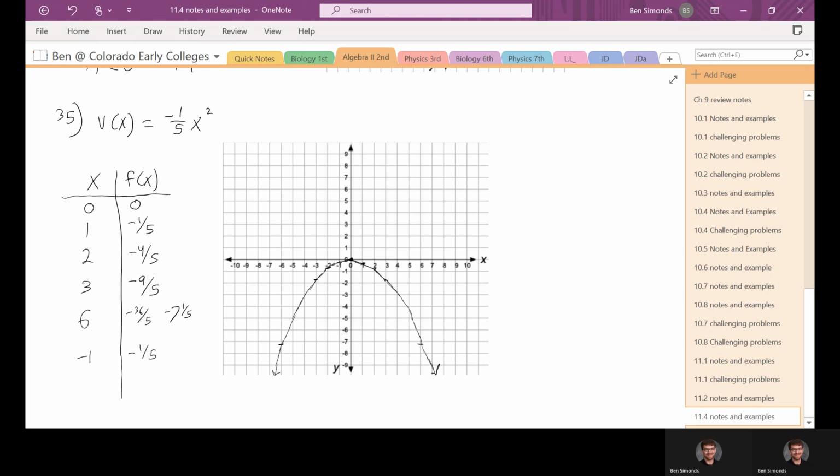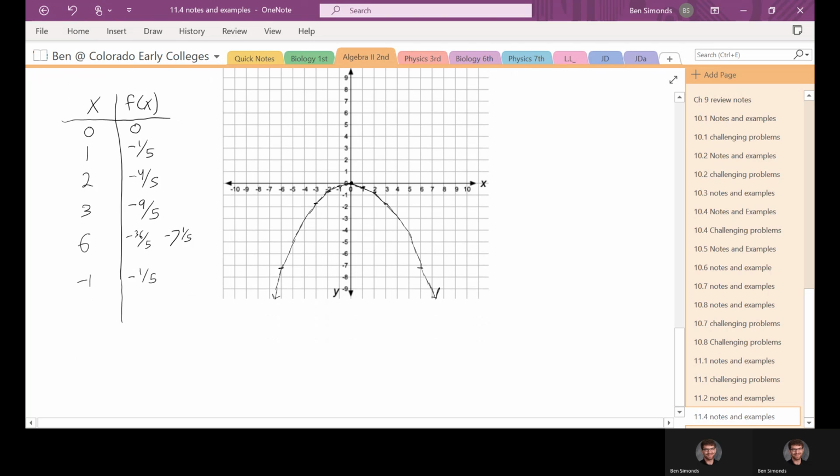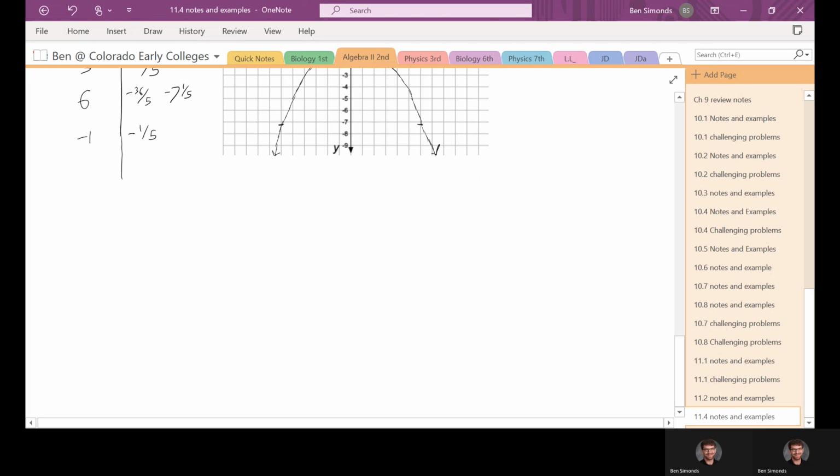So the point of that little ramble there was 37 through 44. I recommend you do those just to make sure you've got this whole parabola manipulation stuff down. But the next actually assigned group of problems starts at number 45.